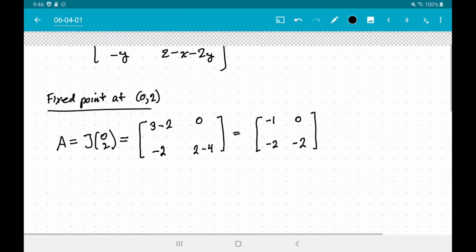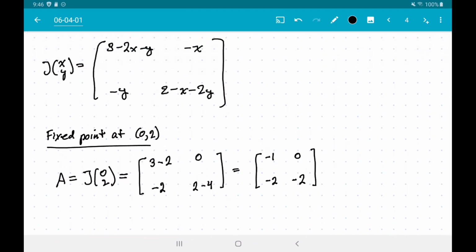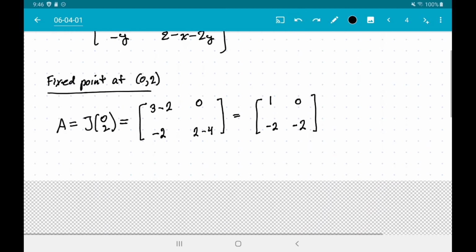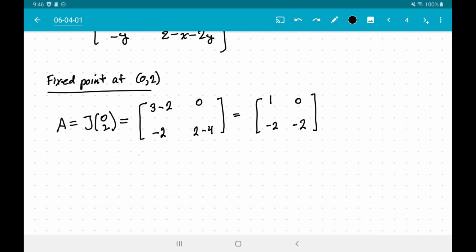Except this can't be right. What have I done wrong? 3 minus 2 is 1, not negative 1. Again, I know what picture I'm supposed to get, and I'm able to look ahead a little bit. Again, we have a triangular matrix, so it's really easy to pick out the eigenvalues and the eigenvectors. It doesn't matter, upper triangular or lower triangular, same thing happens.